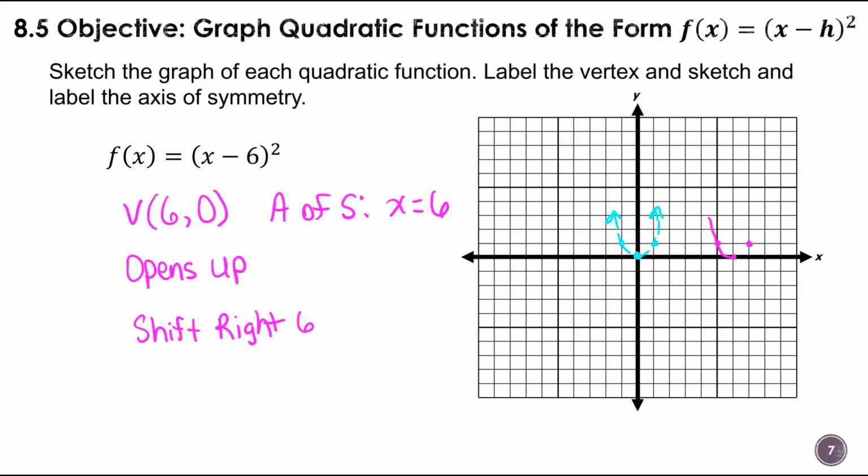So here's the graph that we were supposed to be graphing on this question. Our axis of symmetry is through our vertex at x equals 6. And you guys, this is graphed, right? This is all we need to do with this one.